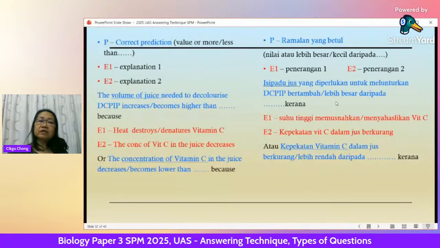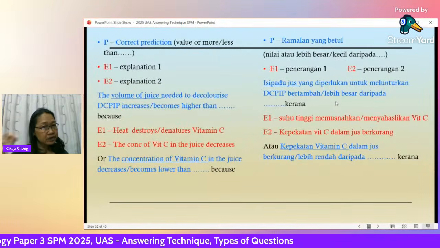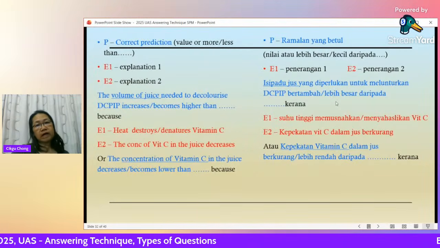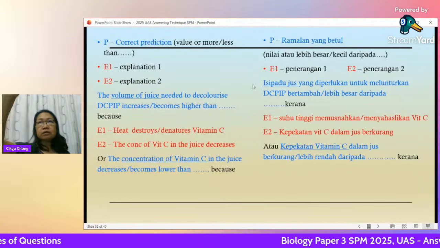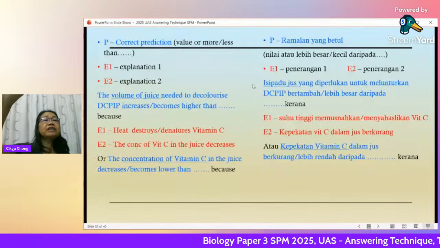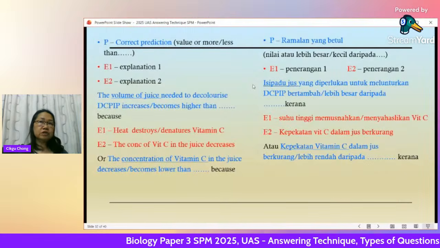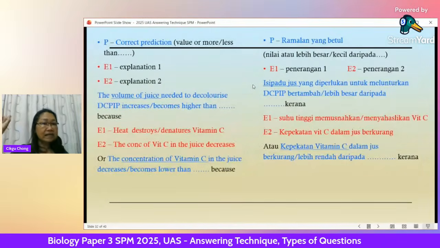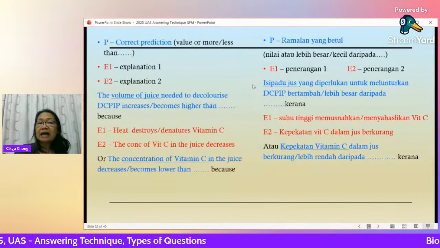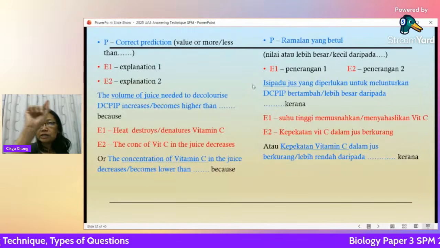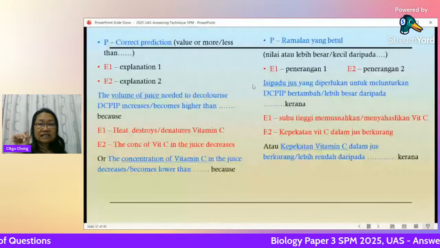Either you predict the volume of juice, or you predict the concentration of vitamin C, also can. See the question. They just ask you predict the result. They never ask you predict the volume of juice. If they ask you predict the volume of juice, you must say the volume of juice. Don't go and say the concentration of vitamin C. See the question. Always underline what you're supposed to answer first.